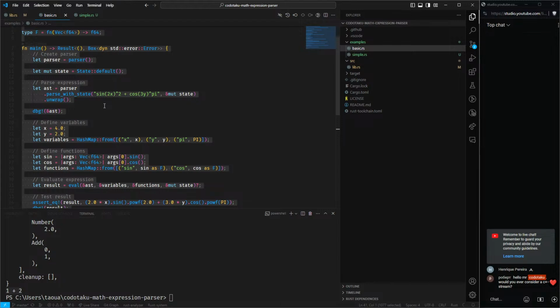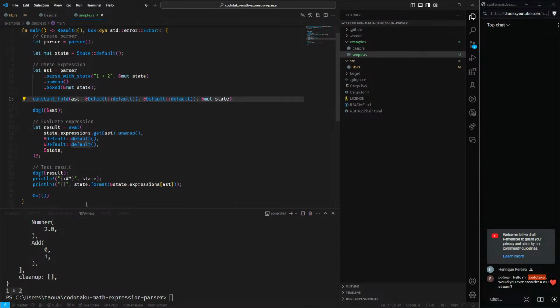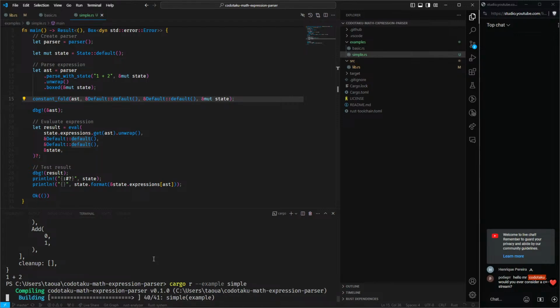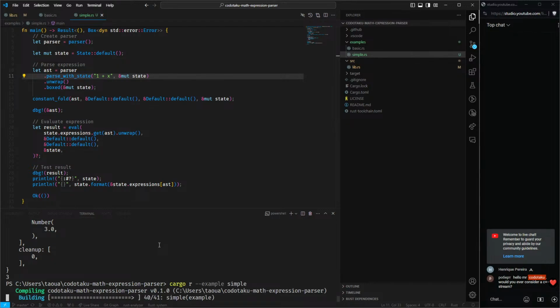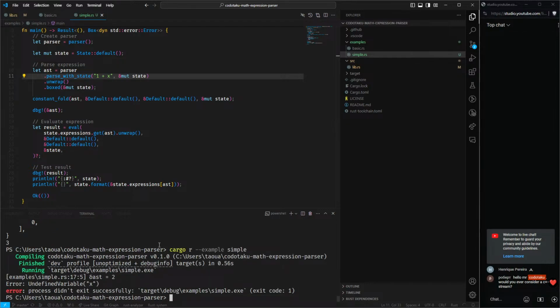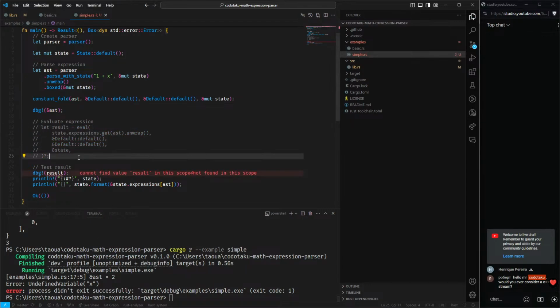So now, remember that in our example right now, we get 1 plus 2, but if we run this, we get 3. So we got constant folded into 3, because these are both constants. But of course, if it is 1 plus x, it wouldn't be, because they're not both numbers. In fact, in this case, we get undefined variable, but that's just because we're trying to evaluate it without the variable being there, right?